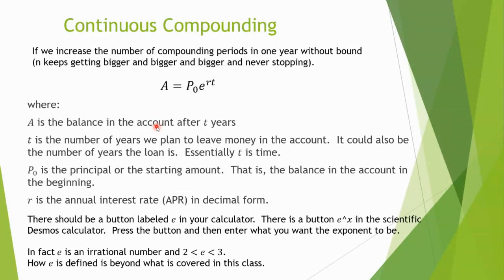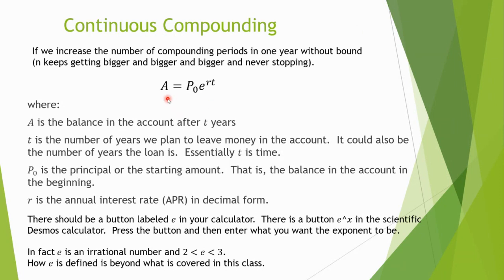In other words, I did write up here, if you were to increase the number of compounding periods without bound, in a full year, if you allow it to compound constantly all the time, never not compounding, the amount in that account would be this.